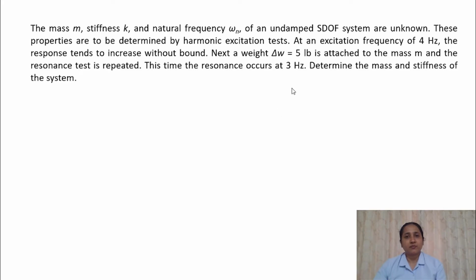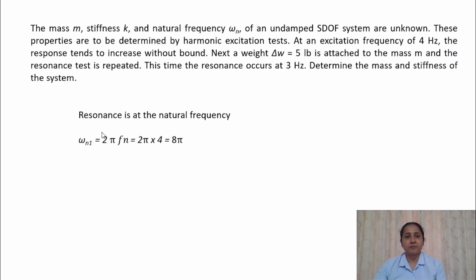Let's see how to solve this problem. We have learned that for an undamped system, the resonance is at the natural frequency. So we can find out that the first resonance frequency, which is given as 4 Hz, is the natural frequency of the system.